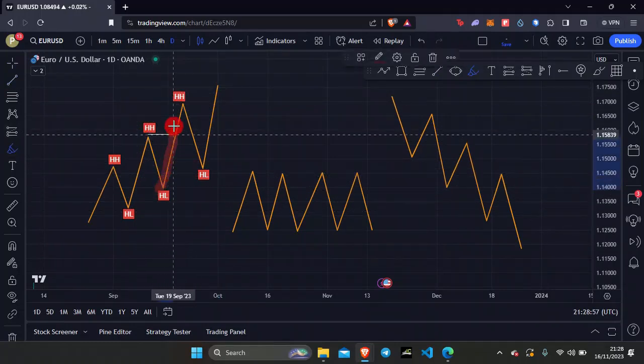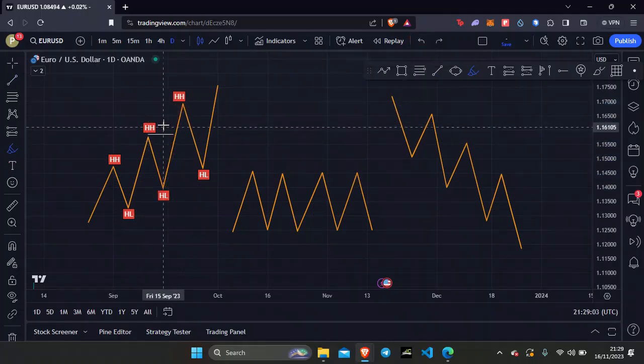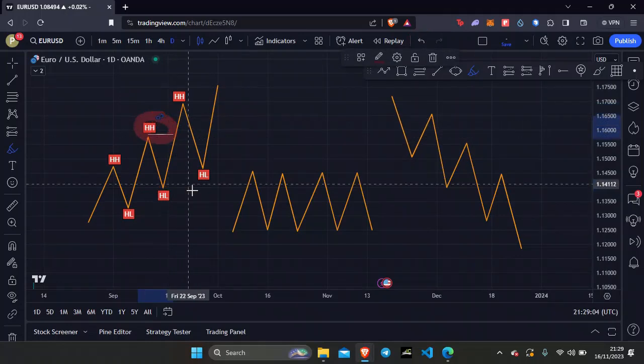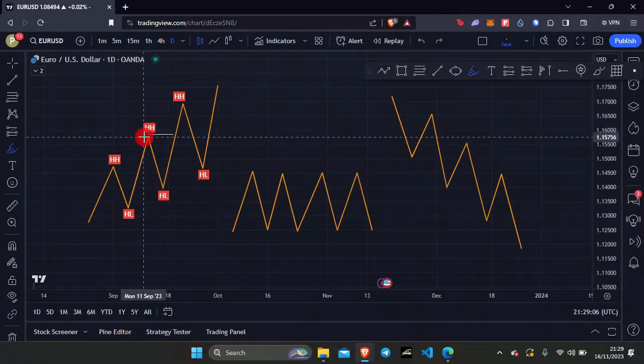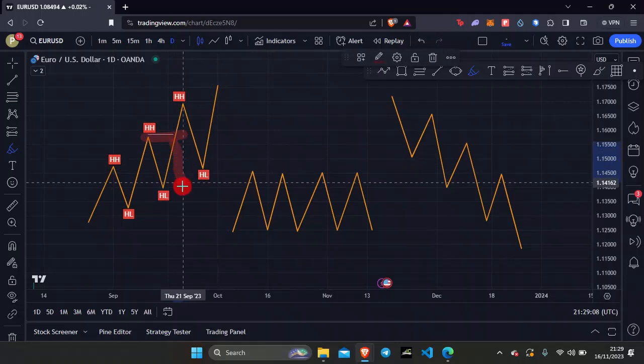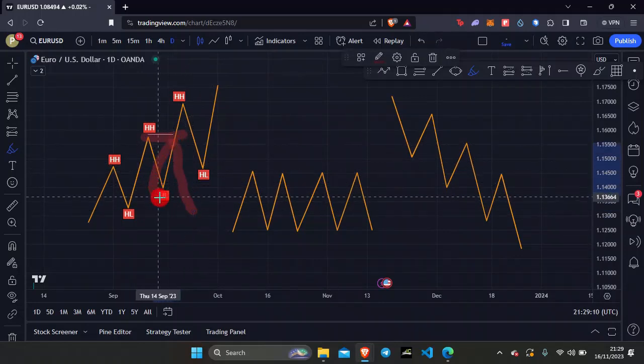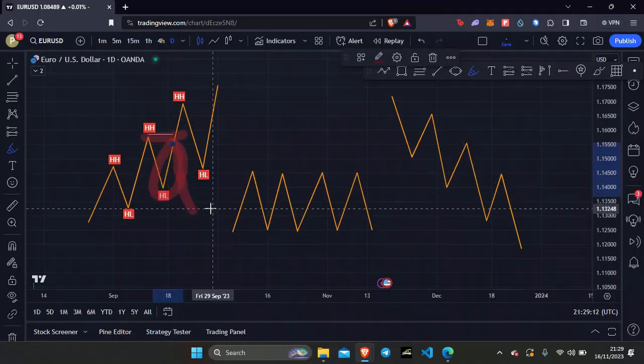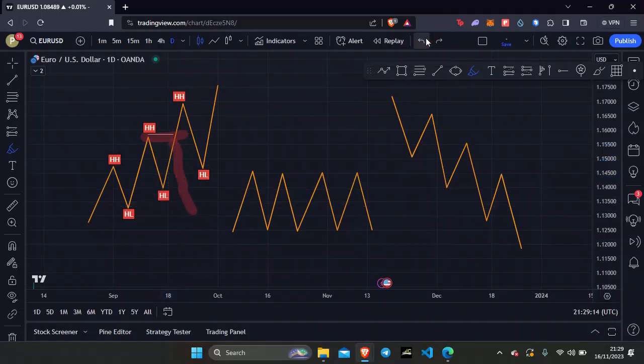So for this leg of price to be valid, it has to break this higher high. If price doesn't break this higher high and fails and comes back down, this leg can no longer be classified as a higher high because it didn't break this higher high.